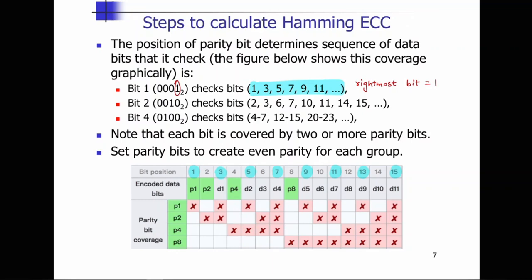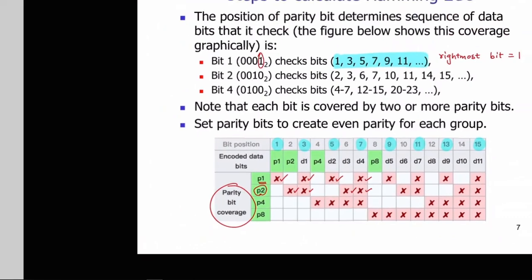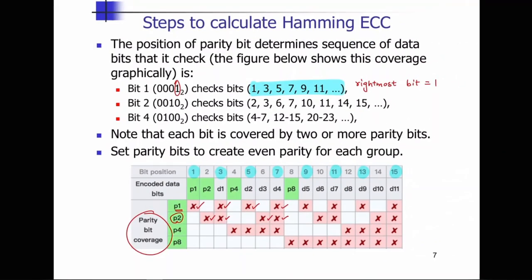So I'm going to use the parity bit coverage for 1, 3. I'm going to use P1 for 1, 3, 5, 7, and so on. Similarly, I'm going to use the parity bit 2 to cover 2, 3, 6, 7, and so on, which is detailed over here in this list.